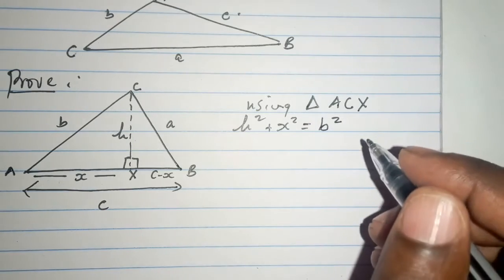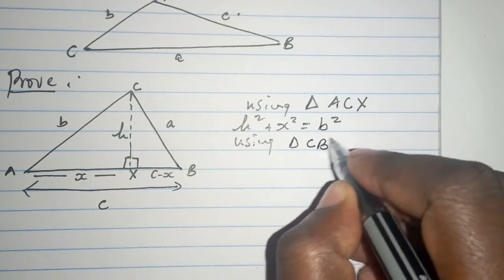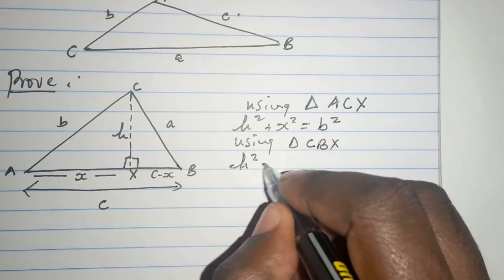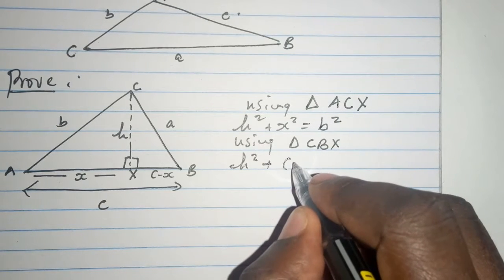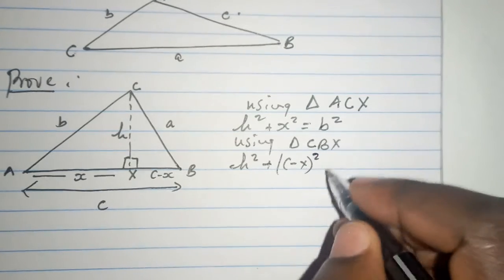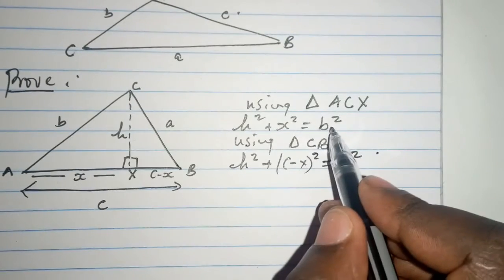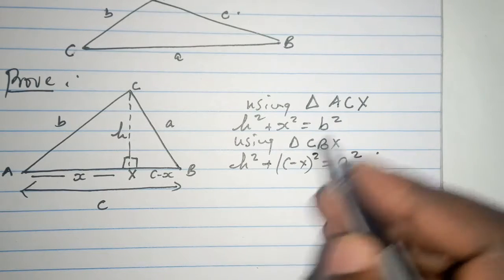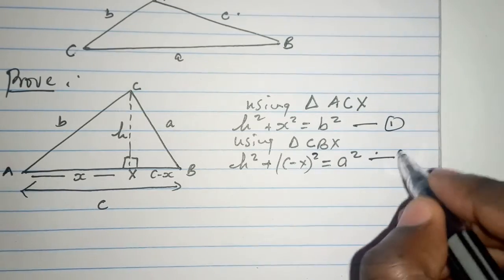Again, using triangle CBX, h squared plus (c minus x) squared, which is the other base of the triangle, equals a squared. We can call these equation 1 and equation 2.